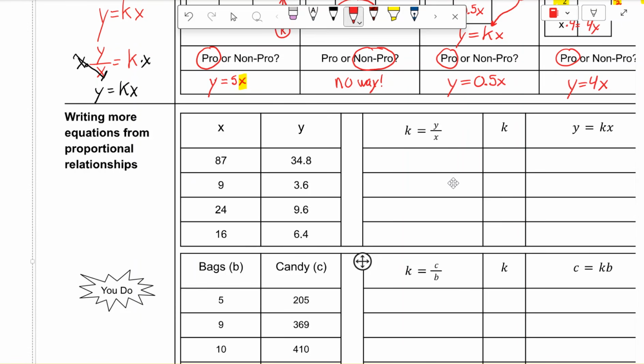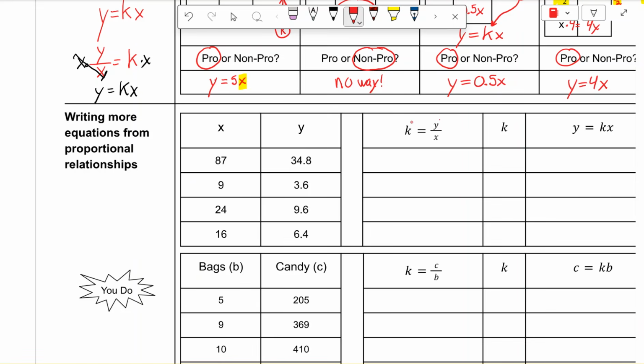And on this first section, what you want to do is, because you have a y and x, you're going to kind of work backwards on this one. I think we're going to turn around and work with y.